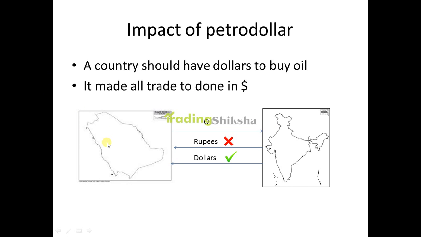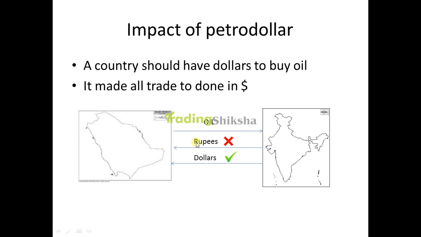For example, take Saudi Arabia and India. Saudi is a big exporter of oil and India is a big importer. If the petrodollar were not there, India could easily make a deal with Saudi to pay them in rupees, which is their local currency.